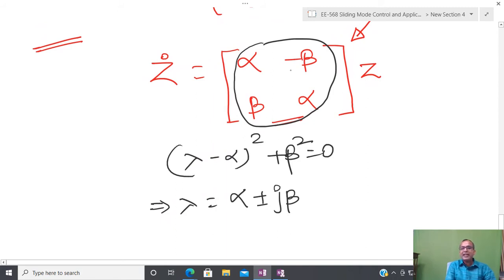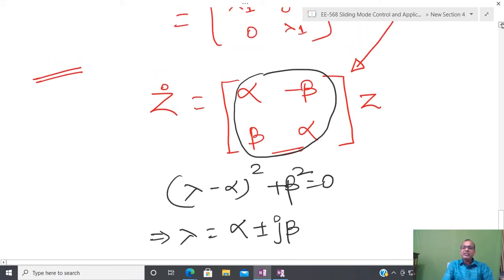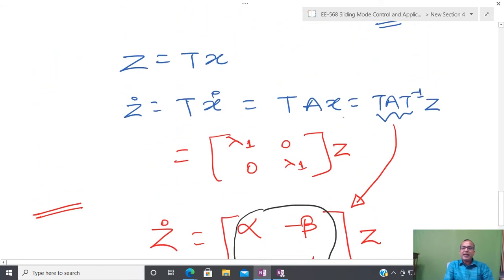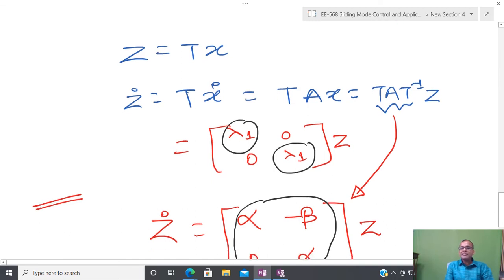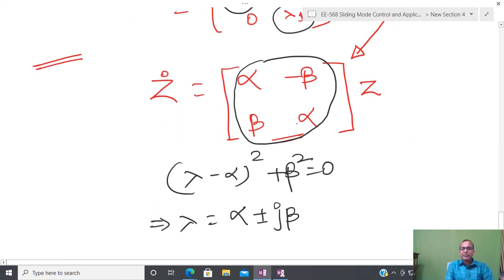Does anyone have confusion on this? That is consistent with this notion. If both eigenvalues are distinct and real, I can select one kind of transformation. Now that I have complex eigenvalues, I can select this kind of transformation.